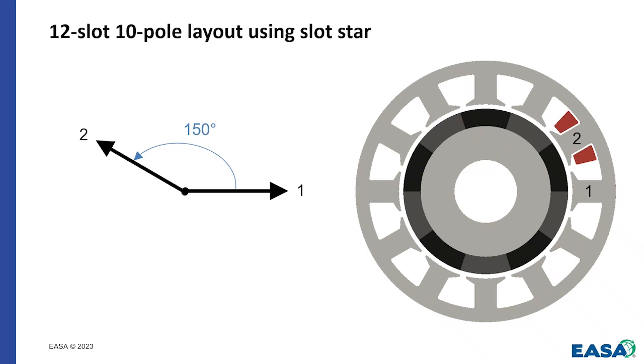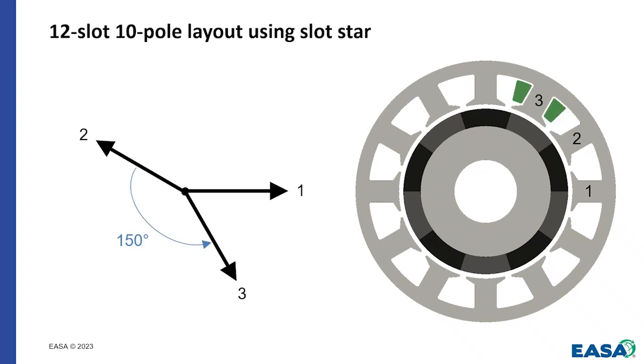So coil number 2 here is not 30 degrees electrical from coil 1, even though it's 30 degrees mechanical. So we've got an electrical angle of 150. That gives us our second coil. And we're going to work around in a counterclockwise fashion. The third coil, we're going to advance another 30 degrees mechanical, but we have to advance another 150 degrees electrical.